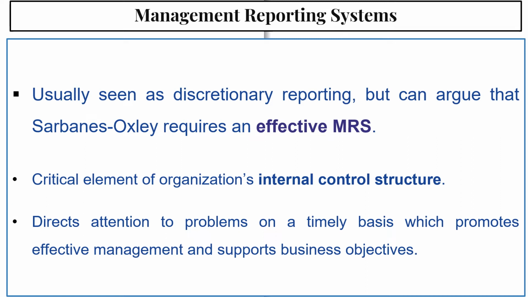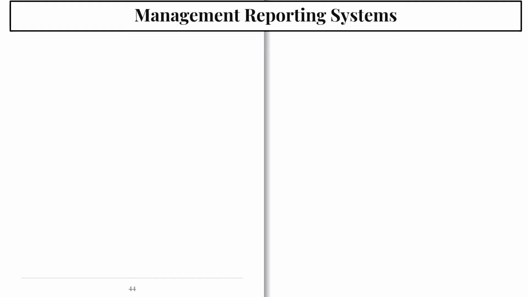So in order to ensure that managerial information is served at the right time, it should come to the management on a timely basis, so that it can be useful for the decision maker.